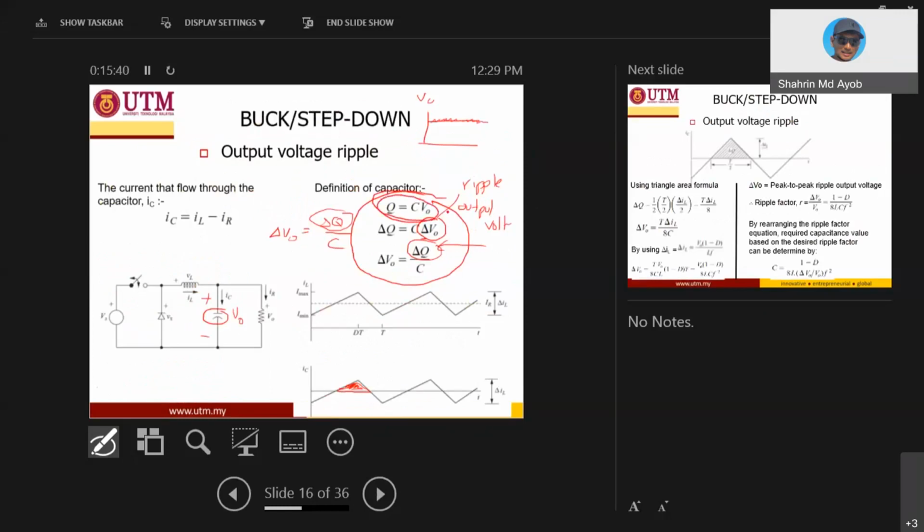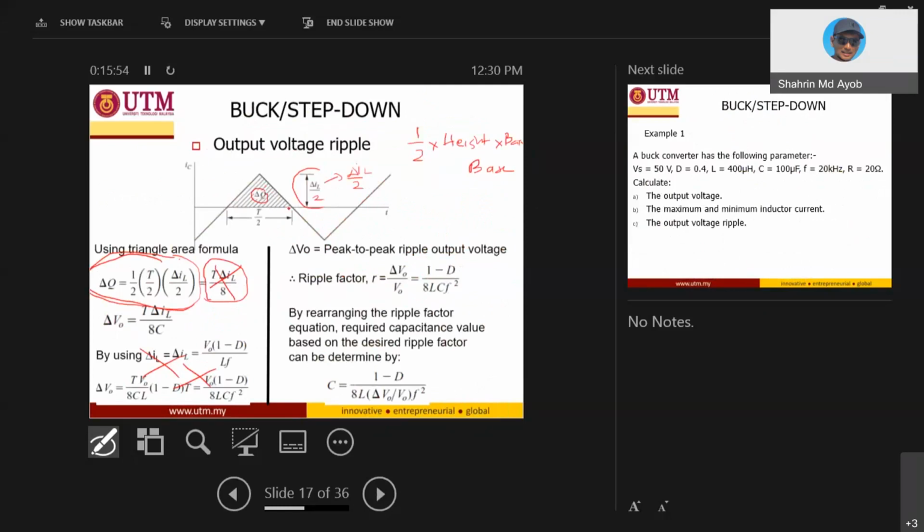This one is very important because it is the fundamental equation that relates the charge, the capacitor, and the voltage across the capacitor. And to know what the Q equation is, you relate it to the triangular formula. From that, you will obtain the suitable value of capacitance to get the ripple voltage that you want.